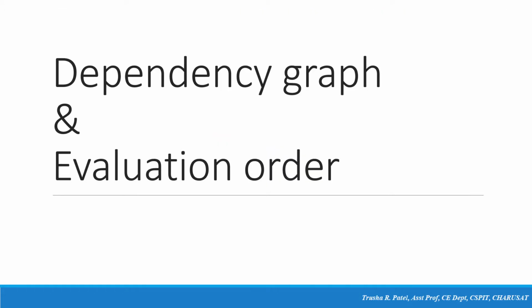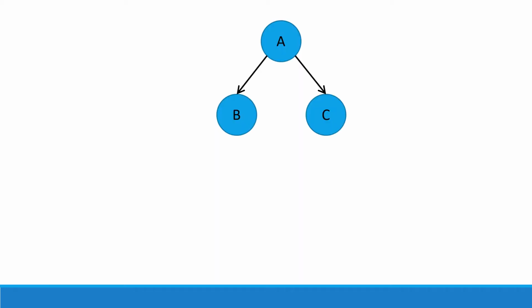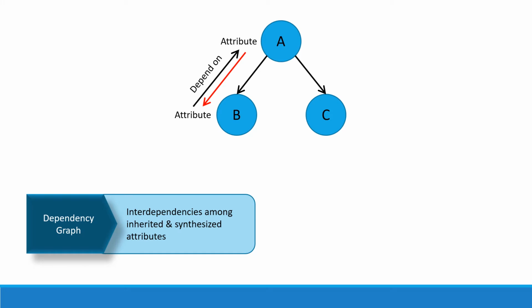We are going to discuss dependency graph and evaluation order today. Now we have one parse tree. If the attribute of B depends on the attribute of A, then we have to draw an arrow from A to B. So the dependency graph will show the interdependencies among the inherited or synthesized attributes in the parse tree.